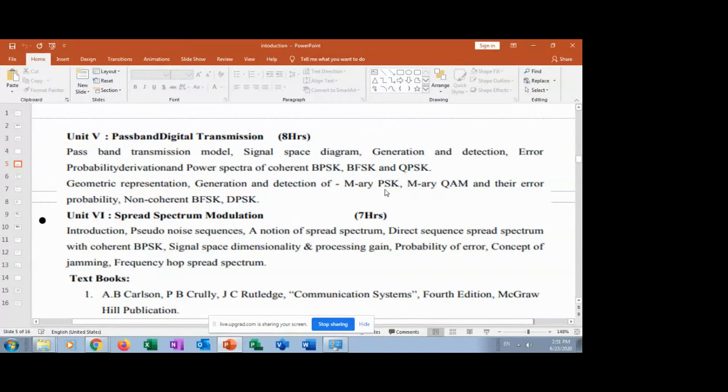I'm repeating again: if we have the information signal like this, 1 1 and 0 0, and you are combining two bits, the first one is 1 1, which is the first symbol, and the next bits are 0 0. So there are two symbols. When we are transmitting information in groups of bits, such a type of modulation is called M-ary signaling. So just remember this.